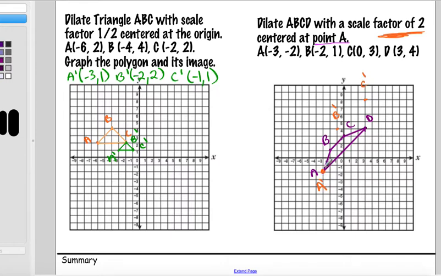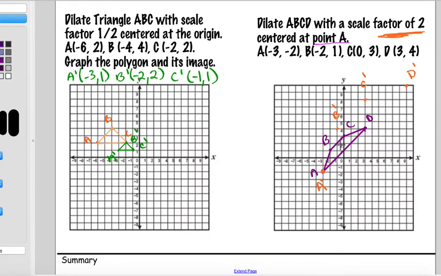And then for D, it's going up 1, 2, 3, 4, 5, 6, and over 1, 2, 3, 4, 5, 6. So go 1 through 6 up, and 1 through 6 over. Oh, perfect. Fit perfectly. And then we're going to connect the dots.